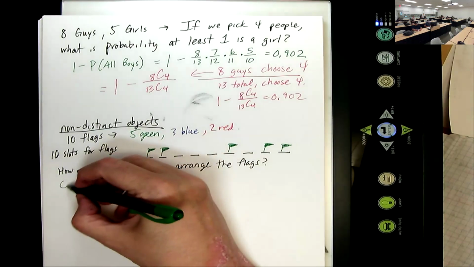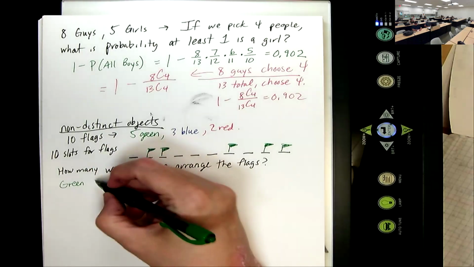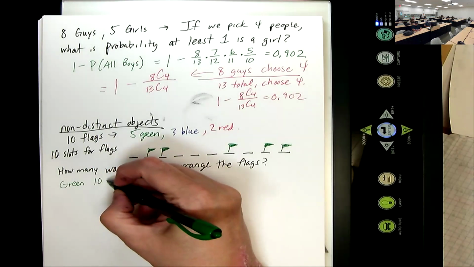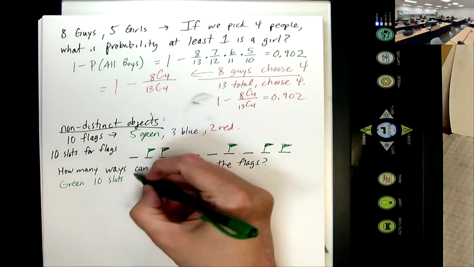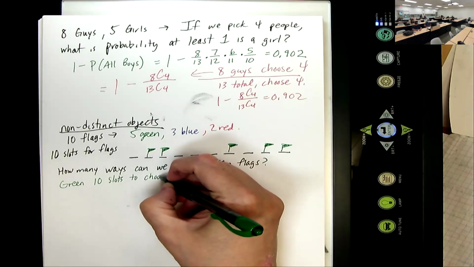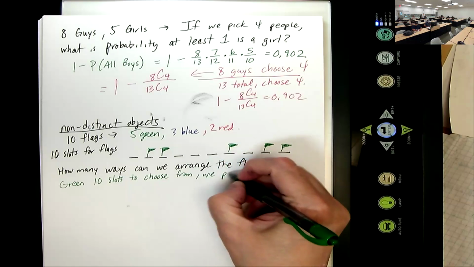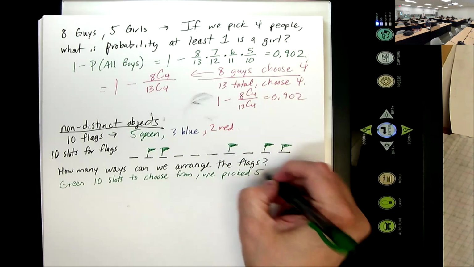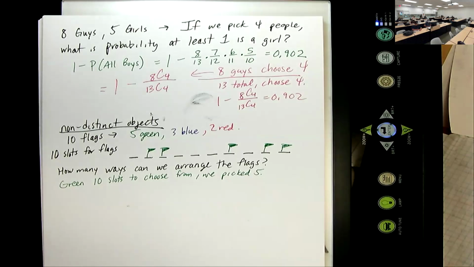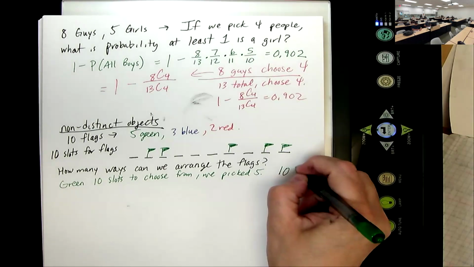For the green flags, we had 10 slots to choose from. We picked 5. 10 choose 5.